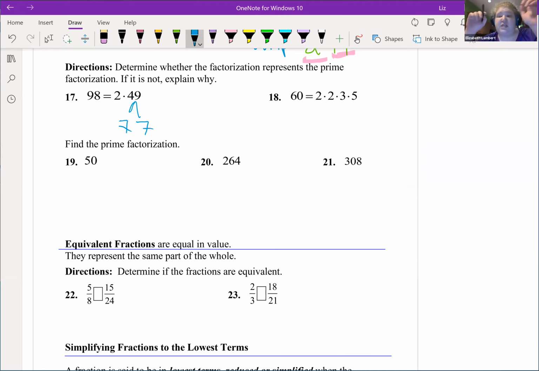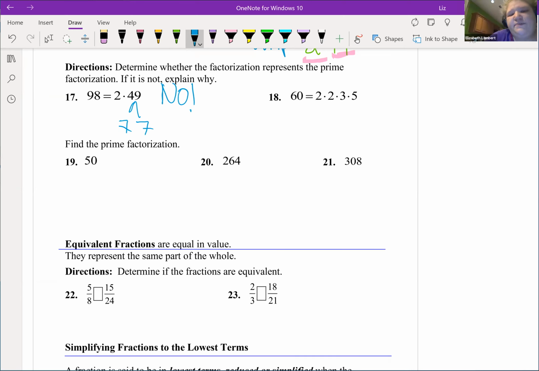And then prime factorization said you had to decompose into prime numbers only. What they ninja left out of that definition is it doesn't have to be just two numbers. It can be however many it takes as long as those numbers are prime. Okay, so this is no, because the 49 can be broken down more.